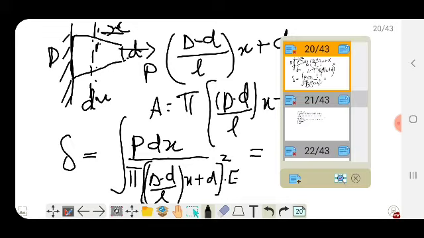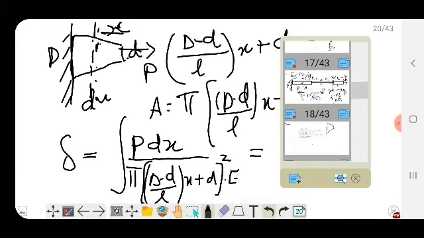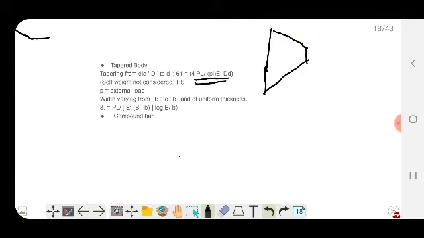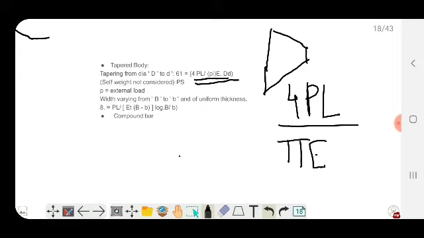So they are discussed here. The tapered body will be getting the total deformation. If cylindrical cross section is considered, it is nothing but 4PL by pi E times D d.